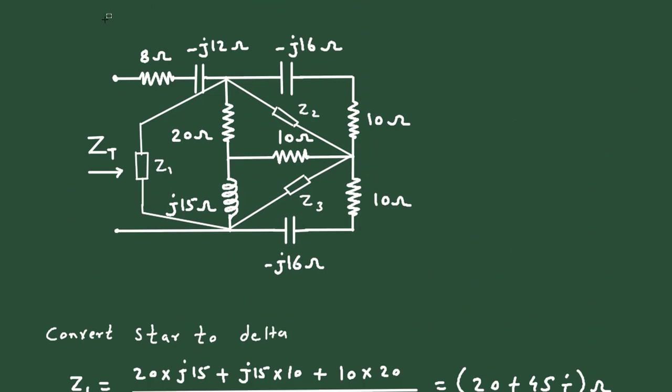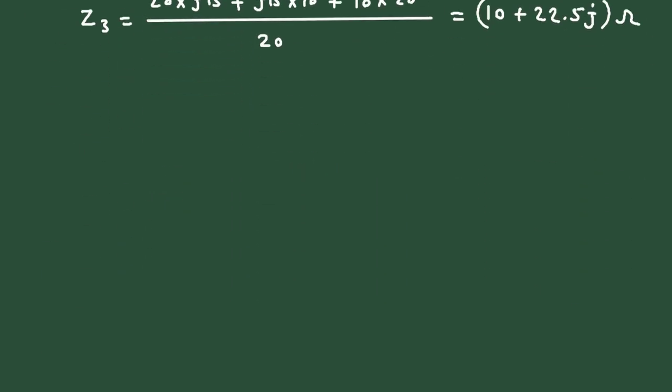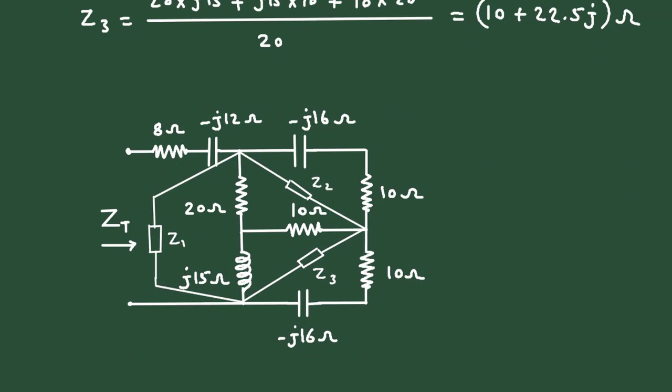Now again, let's copy the circuit from here and paste it here. So now we can remove this star connection. Now we know the value of Z1, Z2 and Z3.